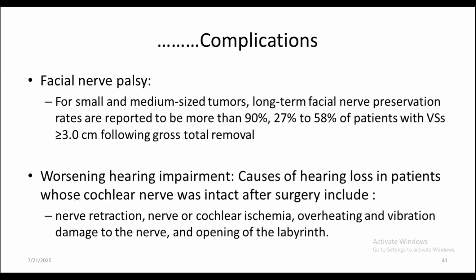Facial nerve palsy also occurs, which is commoner in tumors that are greater than 3 centimeters. Worsening of hearing impairment can occur following nerve retraction or overheating and vibration to the nerve.